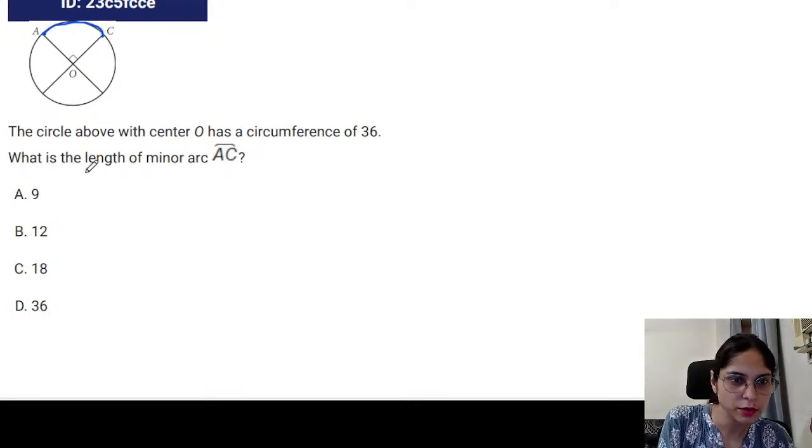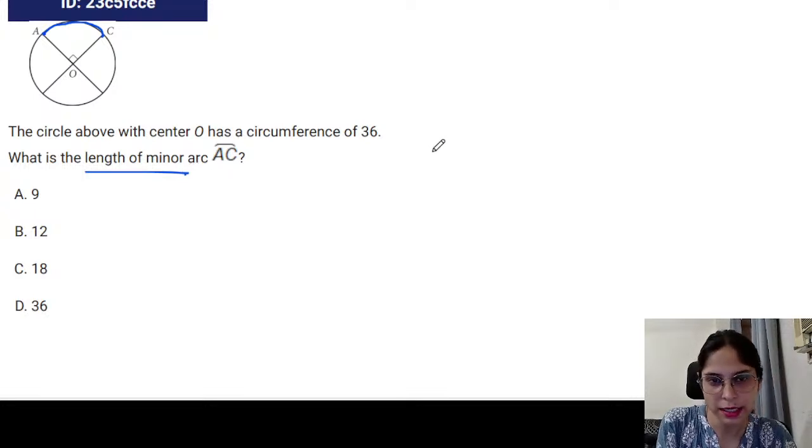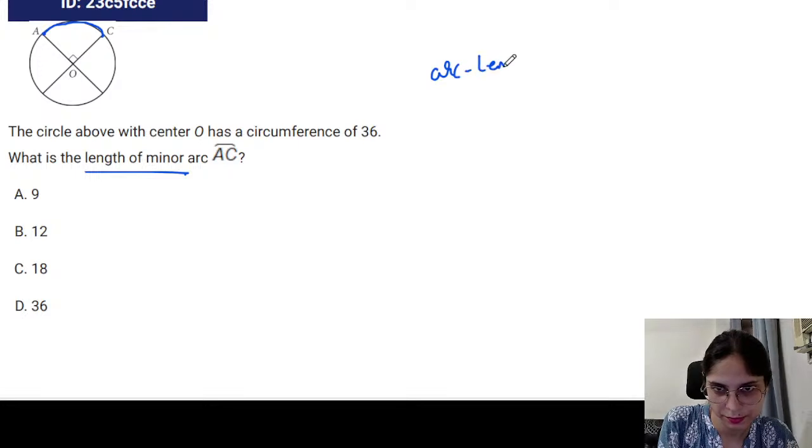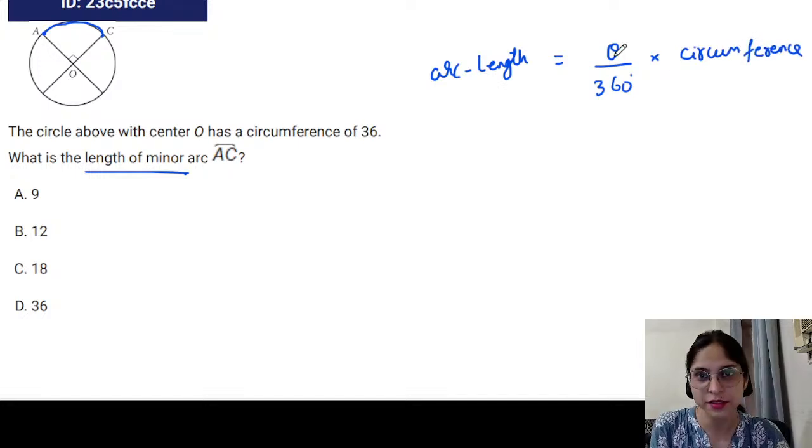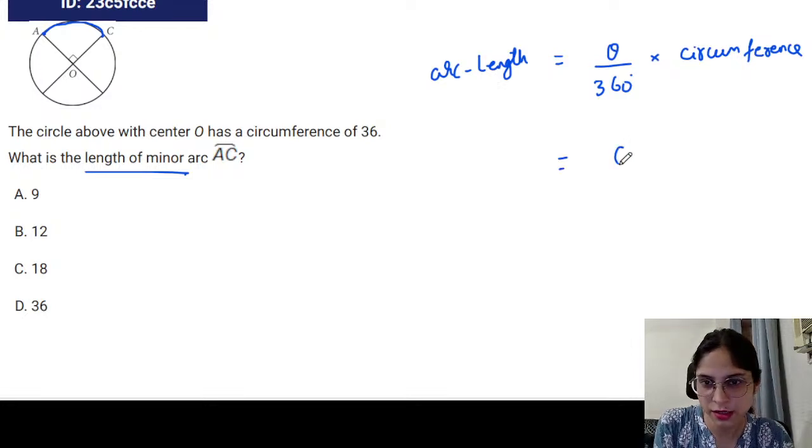and because you're talking about the length of an arc, always remember arc length is theta over 360 degrees times circumference, if theta is given in degrees. If it is given in radians, this will become theta over 2 pi times circumference.